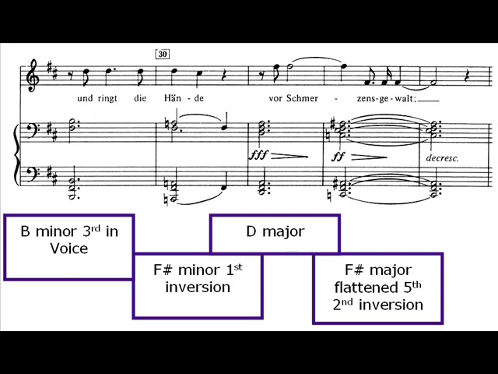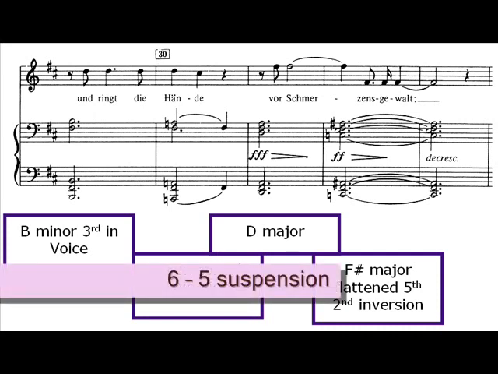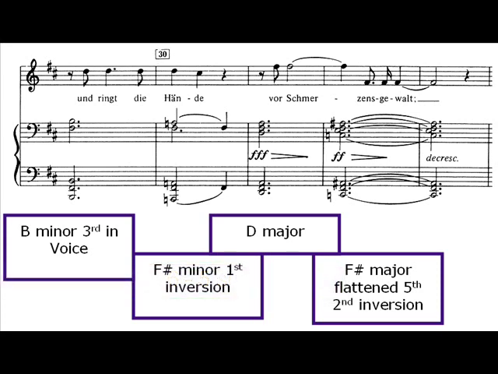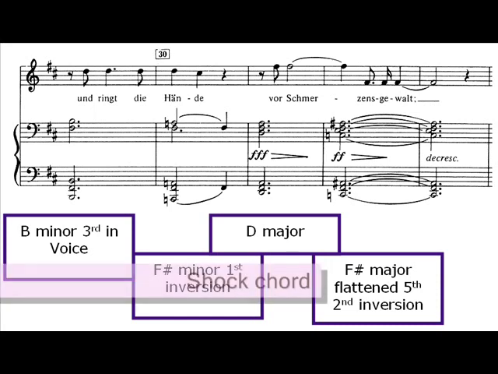The dissonant language, which so far enhanced the eerie tension, is increased in this phrase. The 6/5 suspension from D to C sharp in bar 30 brings tension, but the F sharp major flattened fifth in second inversion at bars 32 to 33 is a highly effective shock chord and entirely unexpected.